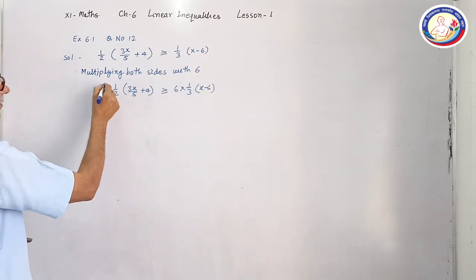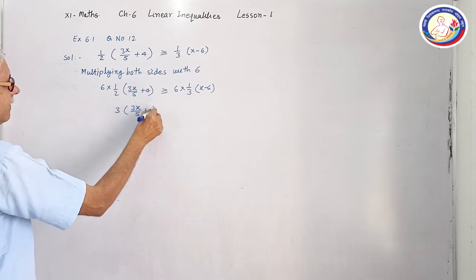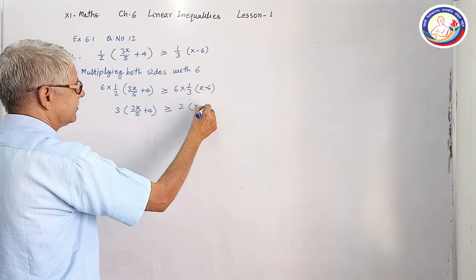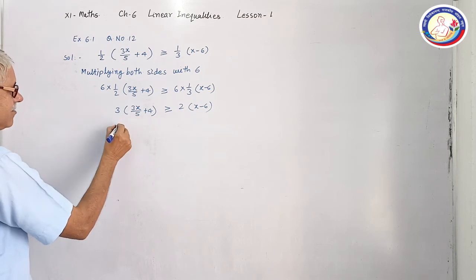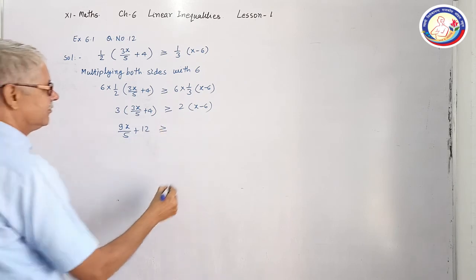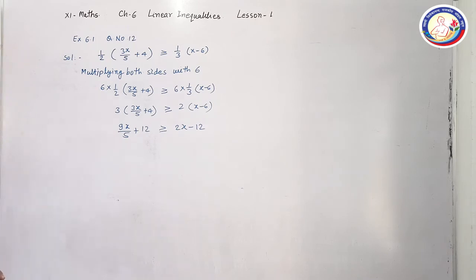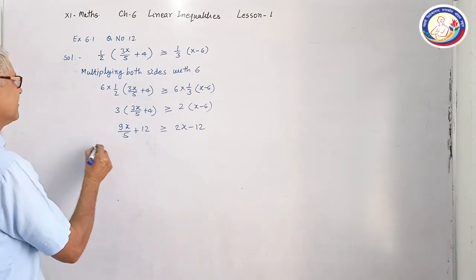Now in simplification this will be 3 into (3x upon 5 plus 4) is greater than or equal to 2 into (x minus 6). Again on simplification we shall have 9x upon 5 plus 12 is greater than or equal to 2x minus 12. You can remove this 5 from here, multiplying both sides by 5, or you can say each term by 5.